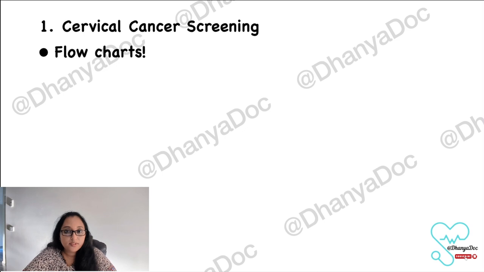The first and most important one is cervical cancer and screening, and it is the most frequently tested topic nowadays because the updated guidelines came in 2017, and after that they keep on asking questions from this topic. You can go to the Cancer Australia website, where you will find a section on cervical cancer with a list of flowcharts with different scenarios.